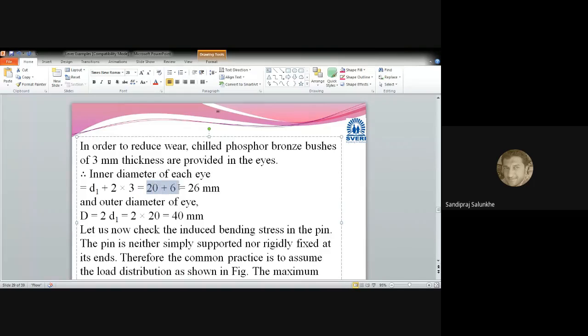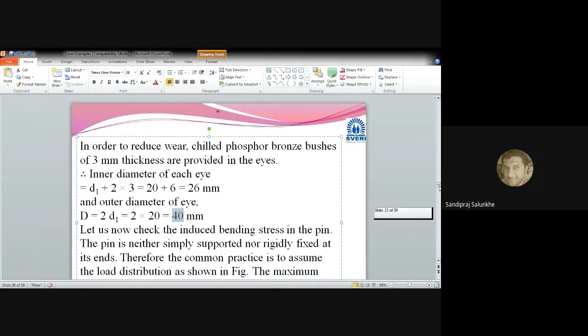So the outer diameter of that bush will become 26 millimeter, that is diameter of pin plus 2 into thickness of that bush, that is 6. So 26 millimeter is the outer diameter of that bush. And the outside diameter of that eye, that is nothing but the diameter of pin multiplied by 2, and that is coming as 40 millimeter.